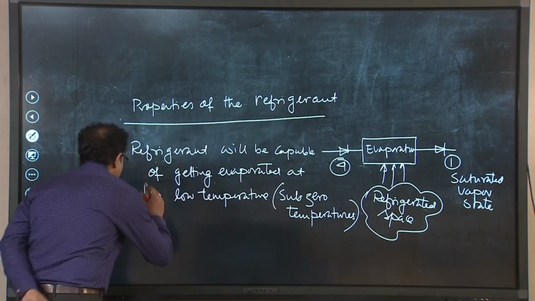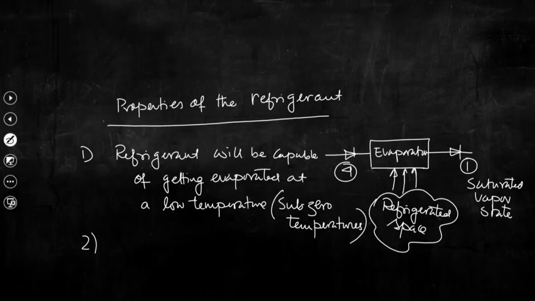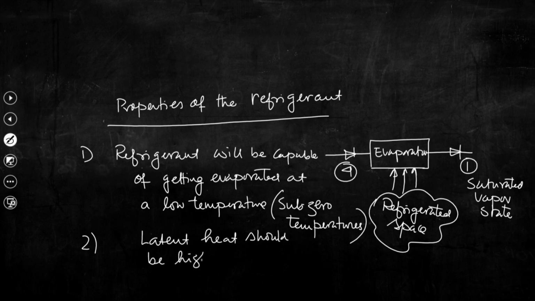So, this is another quantity, that is latent heat should be high at the sub-zero temperature. So, these two are basically the properties a refrigerant should have.